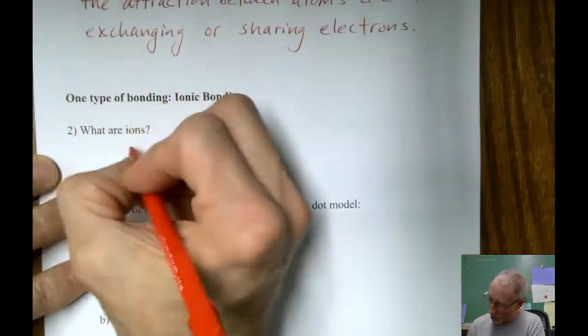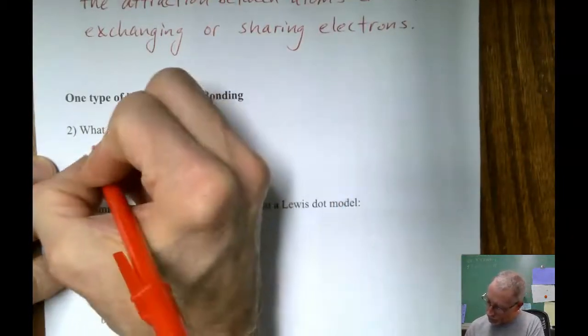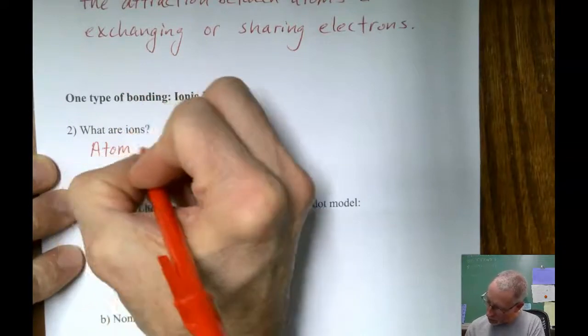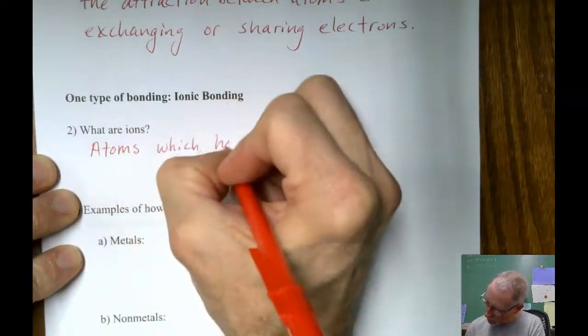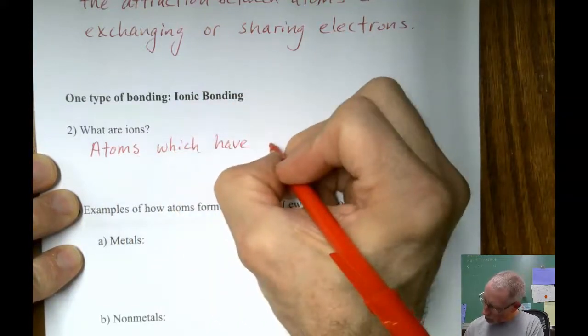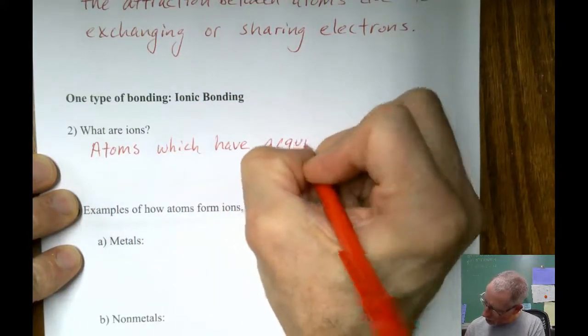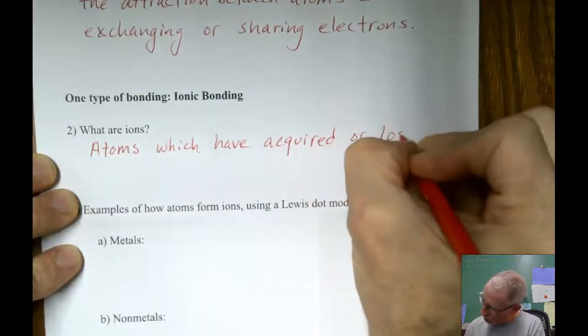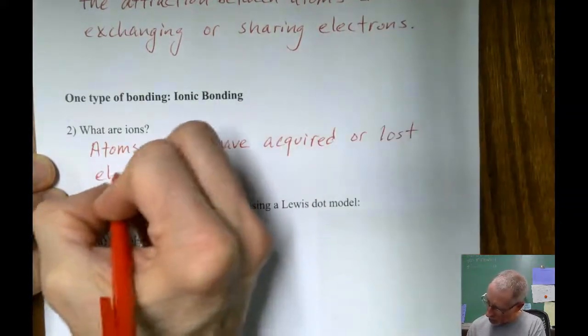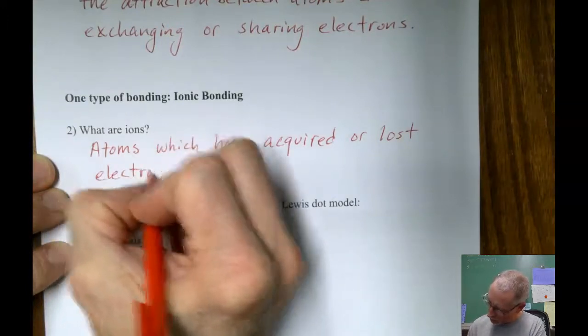So an ion is atoms which have acquired or lost electrons.